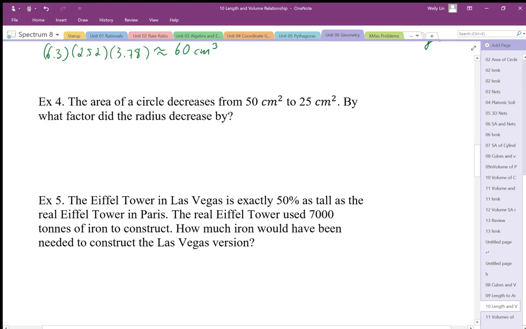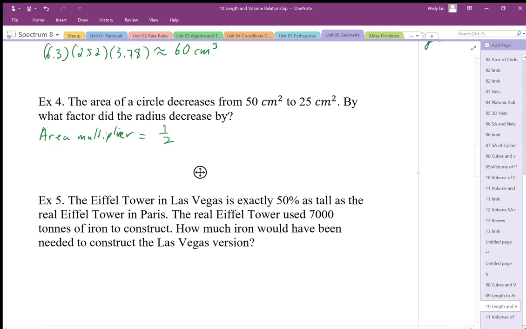This time the area decreases. My area multiplier is equal to 1/2. By what factor did the radius decrease? Well, if I took half the radius, I'm only going to get a quarter of the area, so that's not quite right.